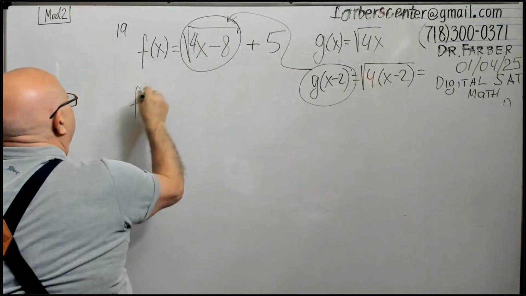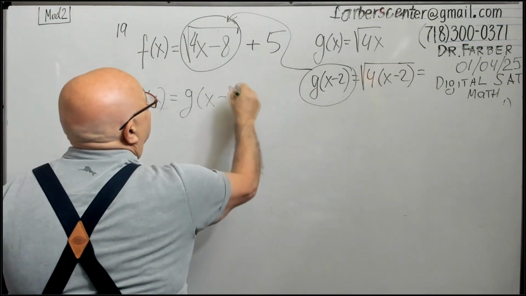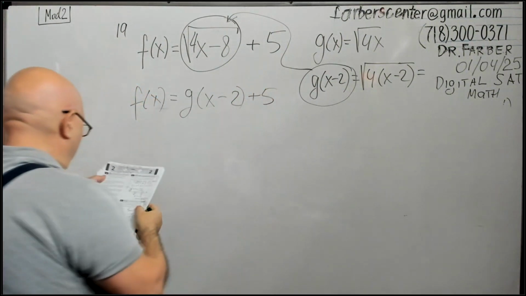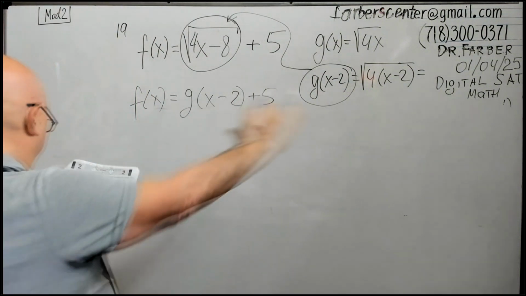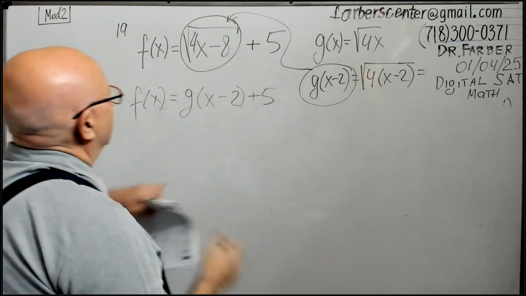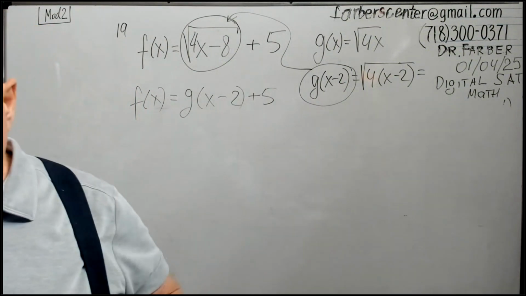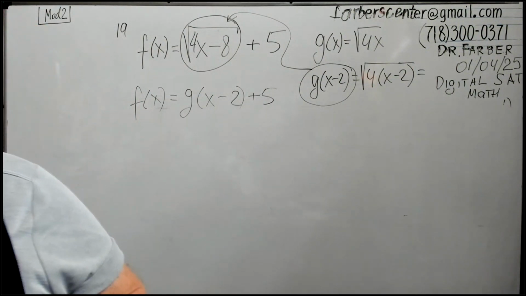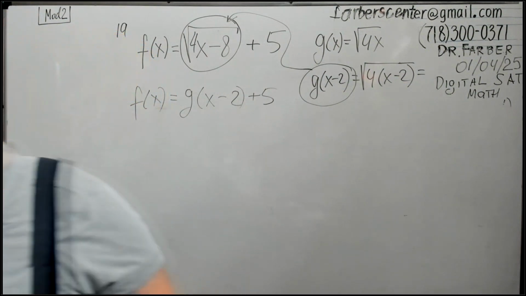And I can write f of x equals g of x minus 2 and plus 5. Now, if you look at the multiple choice, the graph, a horizontal shift, 2 units right, a vertical shift, 5 units. Who understands up to this point? Everything, students. Again, if you notice, the majority of questions are not difficult at all. We did many times the same stuff. Many times.